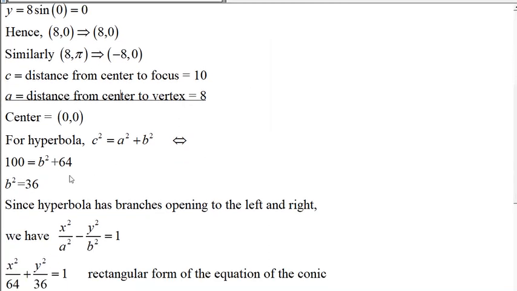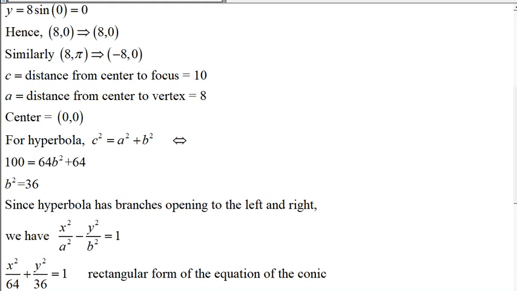And recall that for the hyperbola, the relationship between a, b, c is c squared equal to a squared plus b squared. So c squared is 100, equal to a squared plus b squared, and a is 8, so we have a squared is 64.